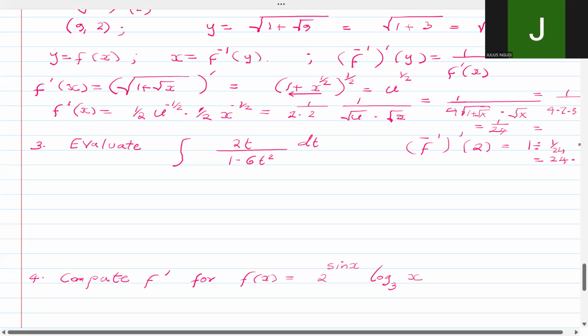Now, number 3, evaluate the integral of 2t over 1 minus 6t squared with respect to t. So we use u substitution.